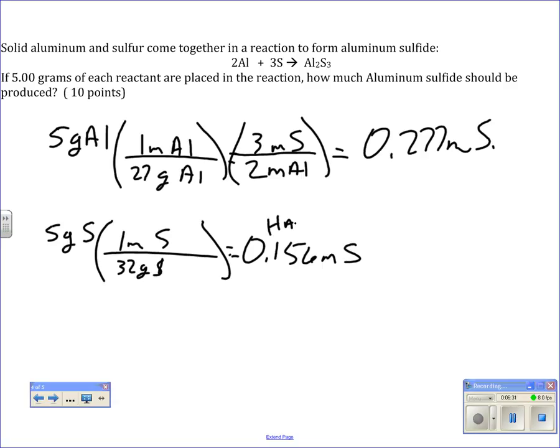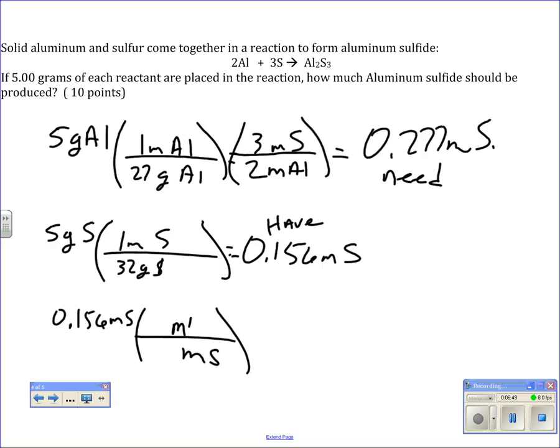So again, this is what I have. This is what I need. I don't have enough, so that's limiting. So I can start with my 0.156 moles of sulfur. That's going to determine my amount of product. Get rid of my moles of sulfur, go to moles of aluminum sulfide, which is a 1:3 ratio. Get rid of my moles of aluminum sulfide, go to grams of aluminum sulfide.